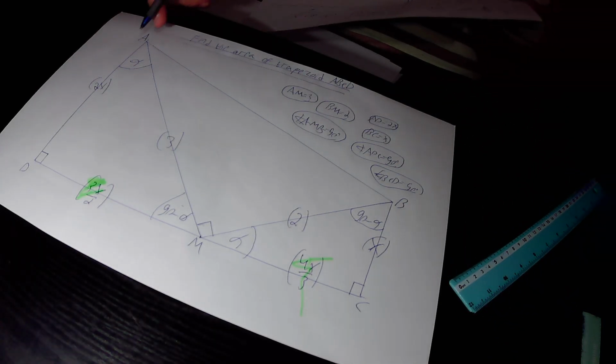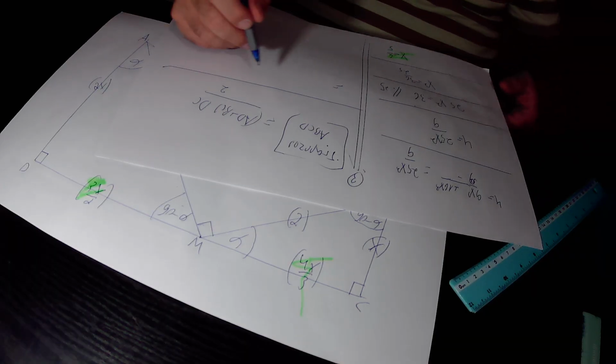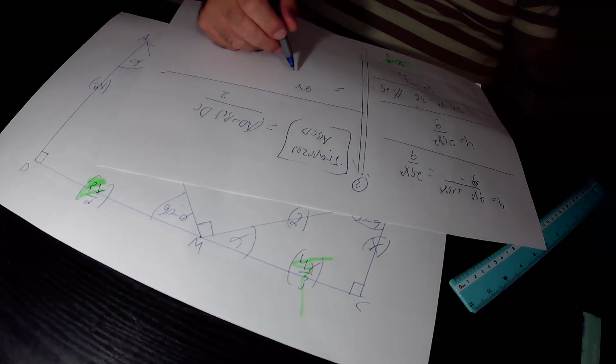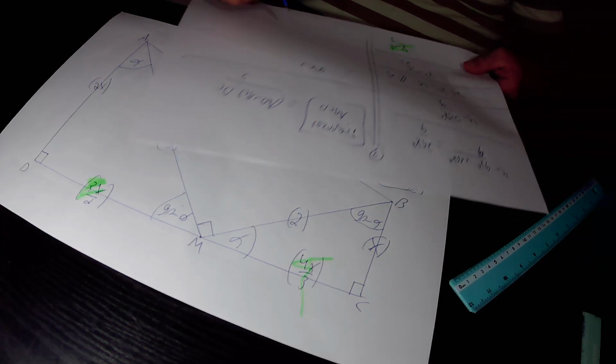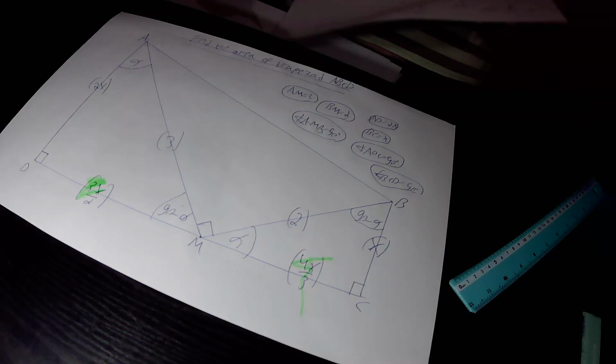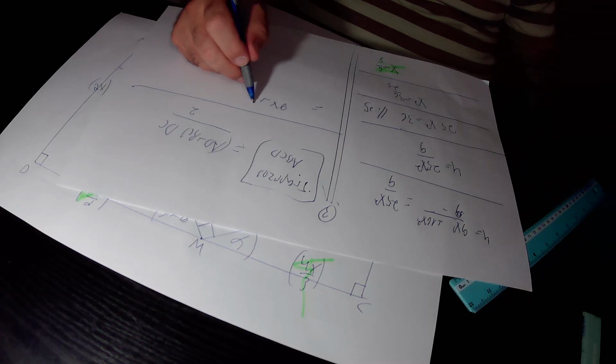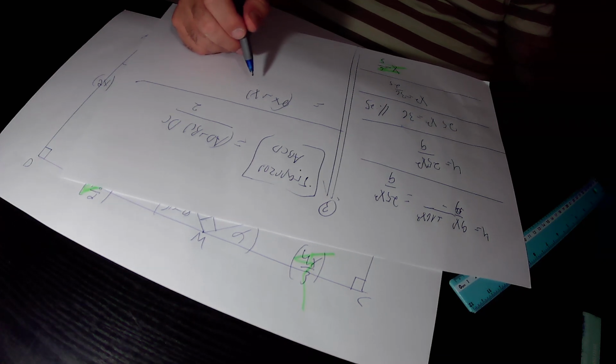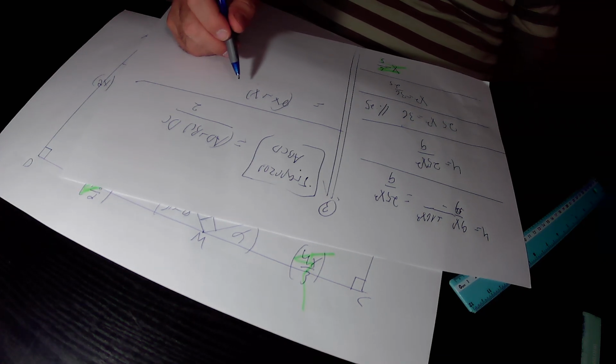AD equals 2x plus BC, that is x, times DC, that is the height.